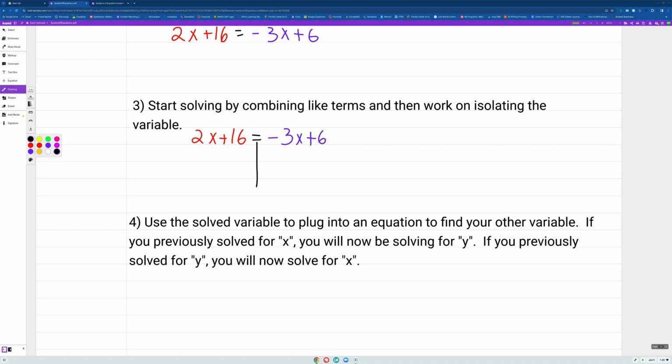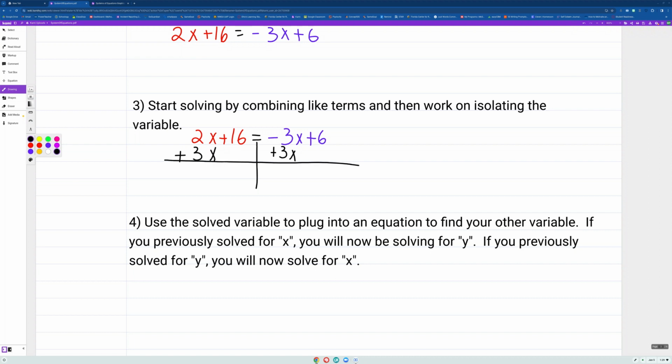All right, so what I'm going to do first is I'm going to go ahead and get rid of my negative 3x because I don't want to work with a negative. You can move whichever one you want, but I'm just being picky. So if I'm doing negative 3x on the blue side and I need to do the opposite to move that x, I'm going to do plus 3x on both sides.